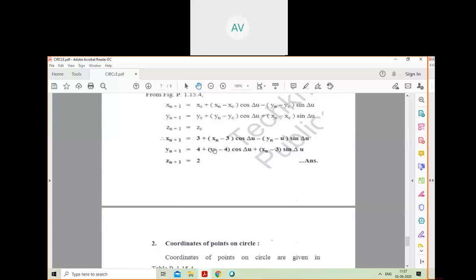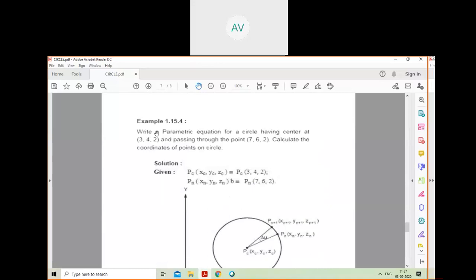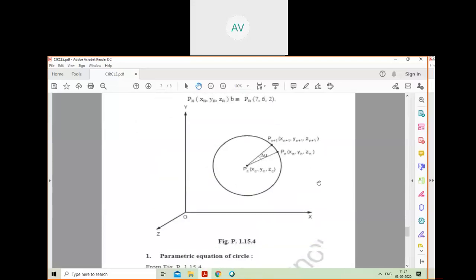So we put the xn, yn values in, and delta u is to be decided by you, because it is not mentioned how much incremental angle you have to take. You can take 10-degree, 20-degree, 30-degree, maximum 30-degree for a circle.